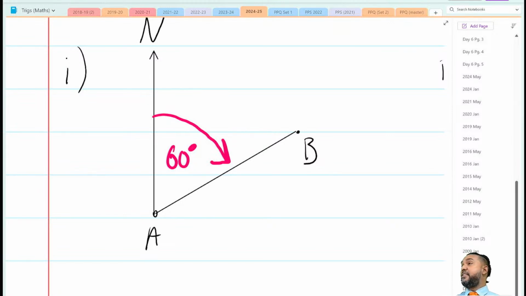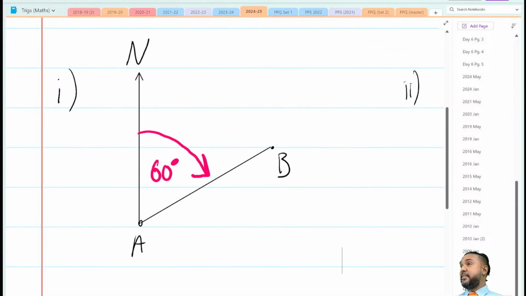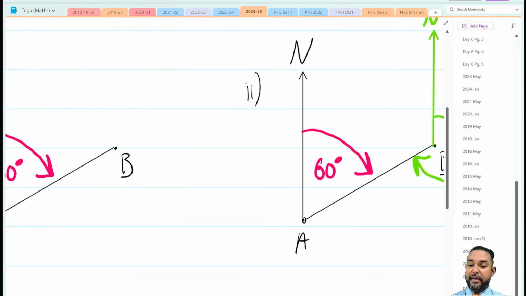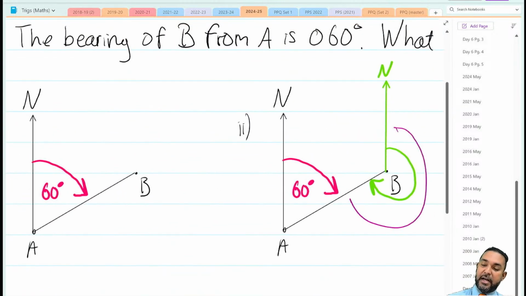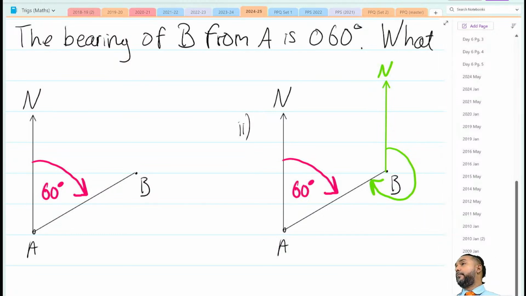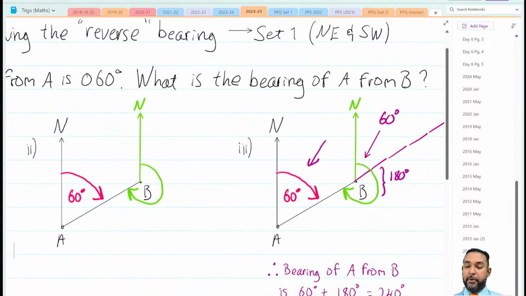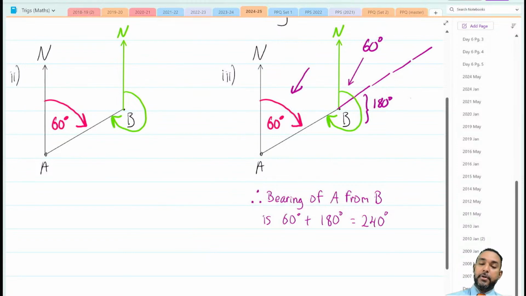Now, what they want us to find is the bearing of A from B. So the bearing of A from B requires that B is now the starting point. So you draw a north line there now. And then the clockwise angle from that north line to the line connecting the 2 points is the bearing of A from B. Now, in order to find that angle, we extend this line joining the 2 points.